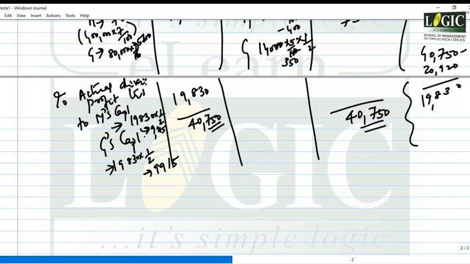Dhoni is happy, and the other people are happy. But suppose Dhoni's share happened to be only 1,20,000, while he was offered 1,50,000. In that case there is a shortage of 30,000.